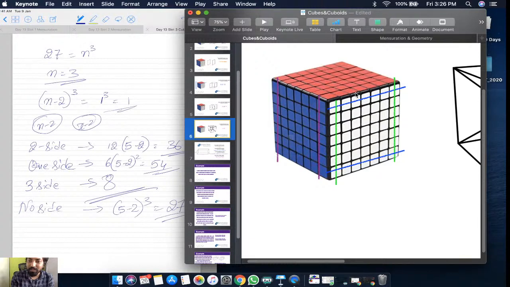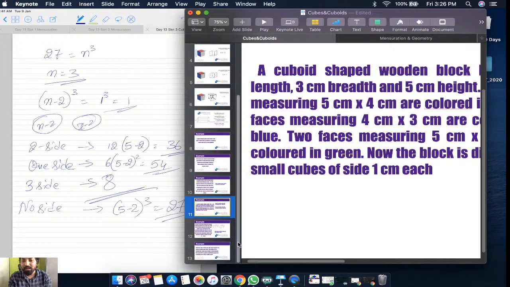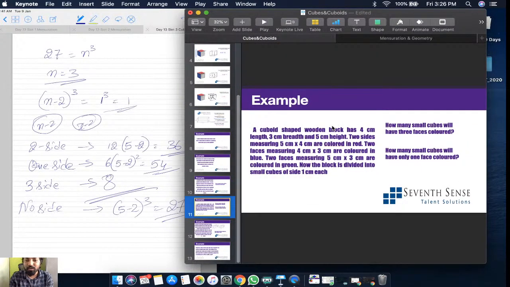This is one of the edges which shares black and red. There will be a bottom edge also which shares black and red. On this entire edge there are four, but I cannot consider all the four. I need to remove two. So you got the answer, right? Everyone understood the answer. Why am I wasting time? Now do a cuboid.